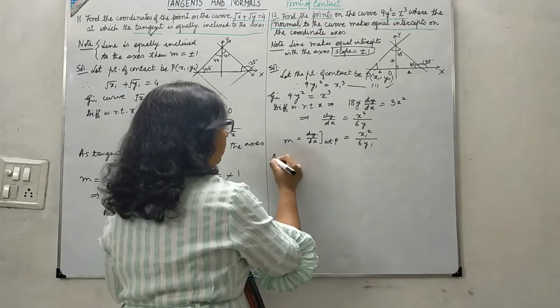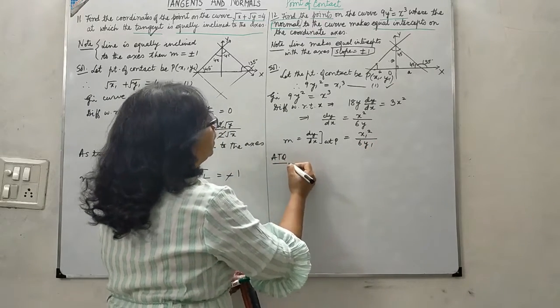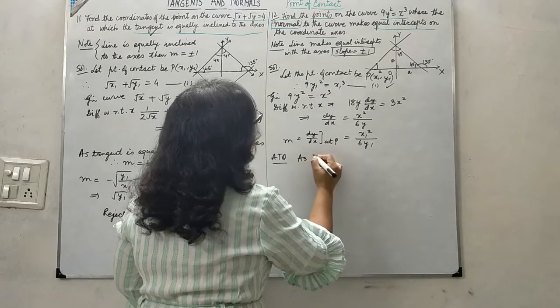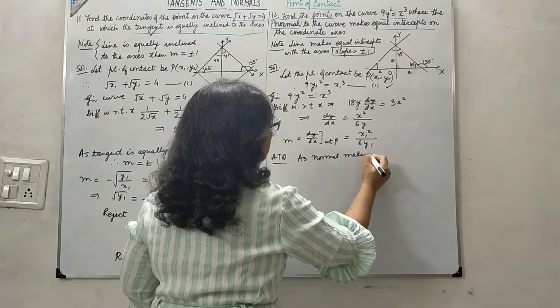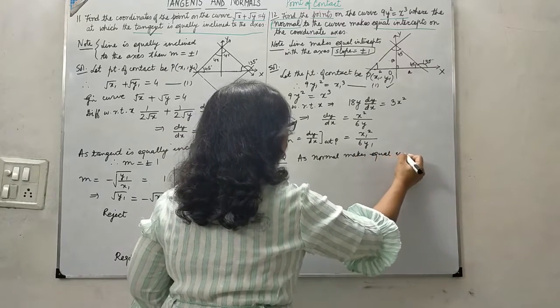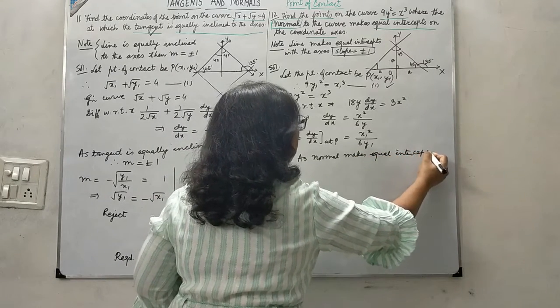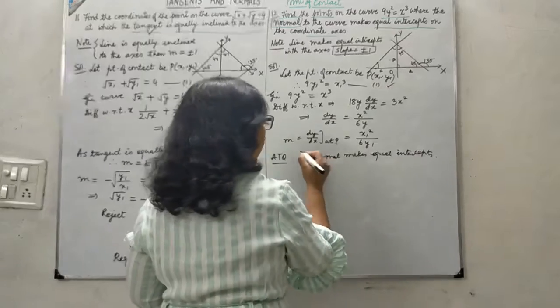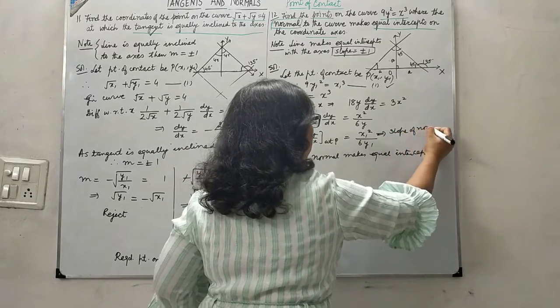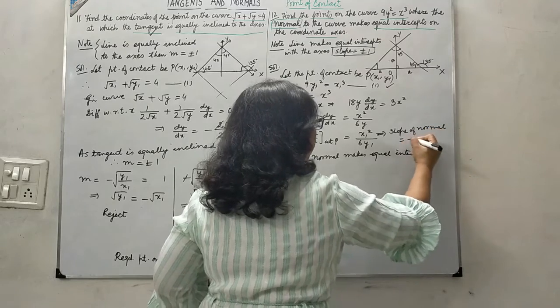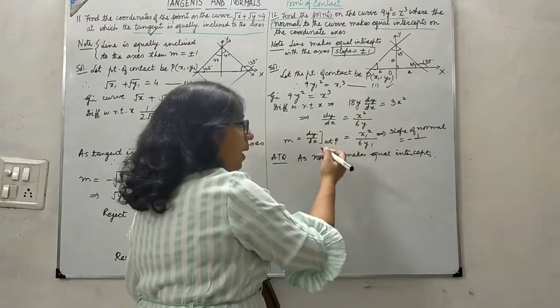Now as per the condition given in the question, the normal makes equal intercepts. So I can find the slope of the normal from here as minus 1 upon m.